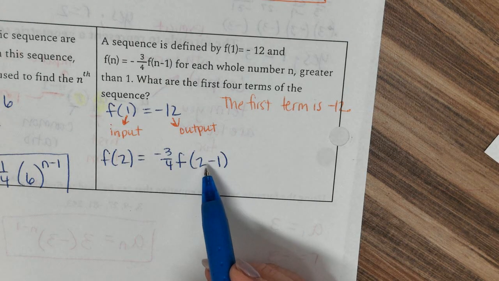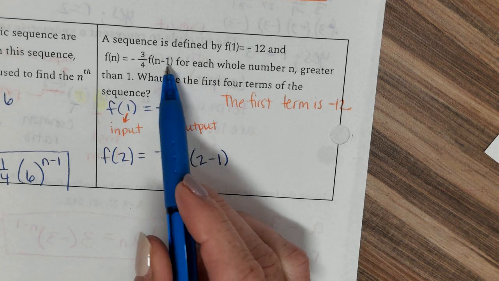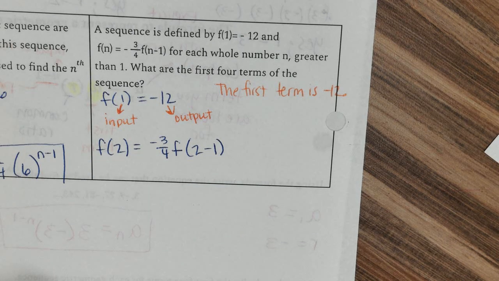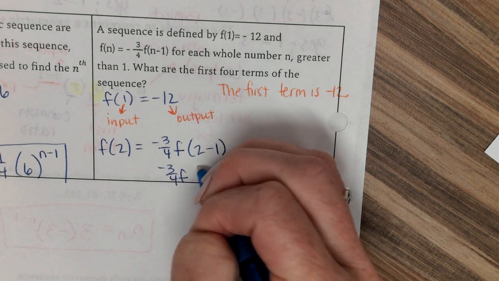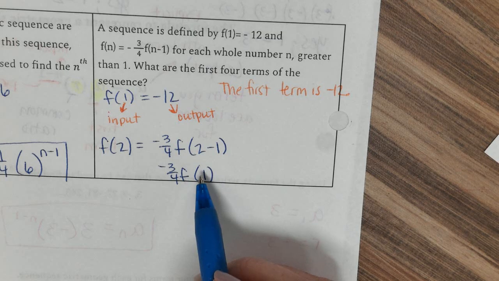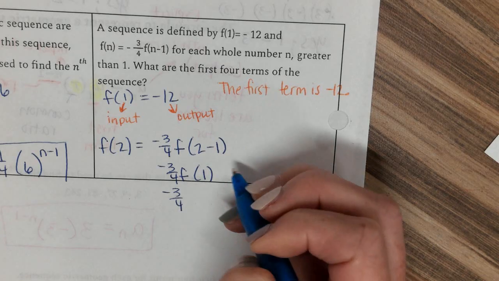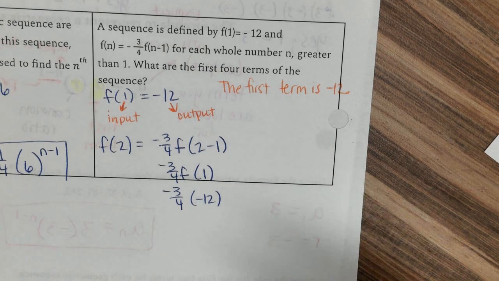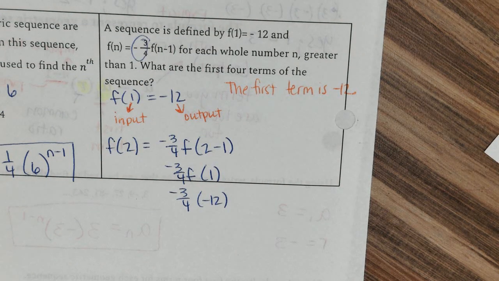The second term, yes, that's your input, minus 1, because it's n minus 1 right here. So that's negative 3/4 times the function of 1. Well, what was the first function? Negative 12. So negative 3/4 times the first function, which was negative 12. So all that's saying is to multiply by negative 3/4. It's just written differently. Okay, well, what is negative 12 times negative 3/4?